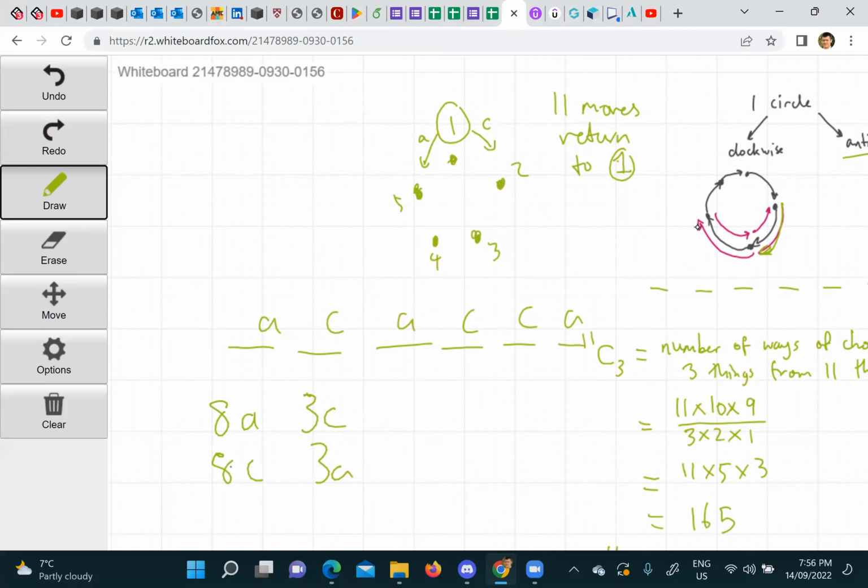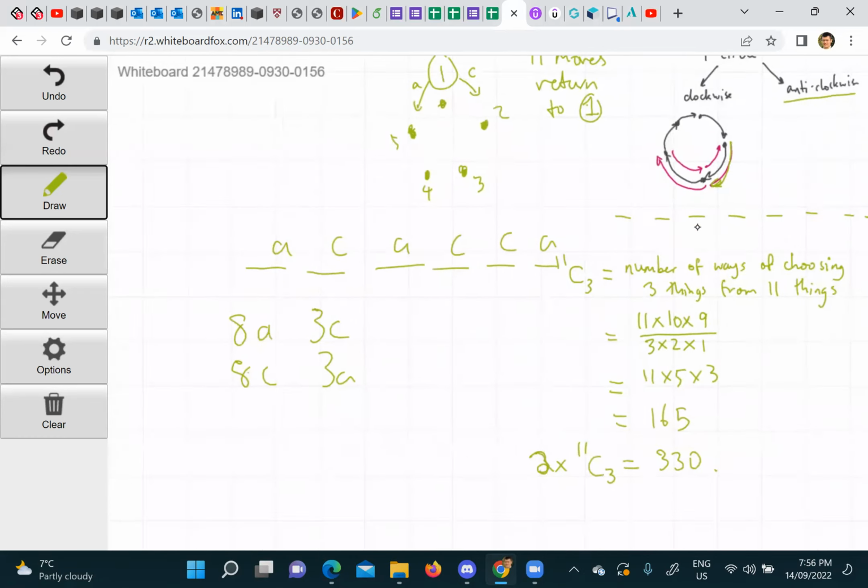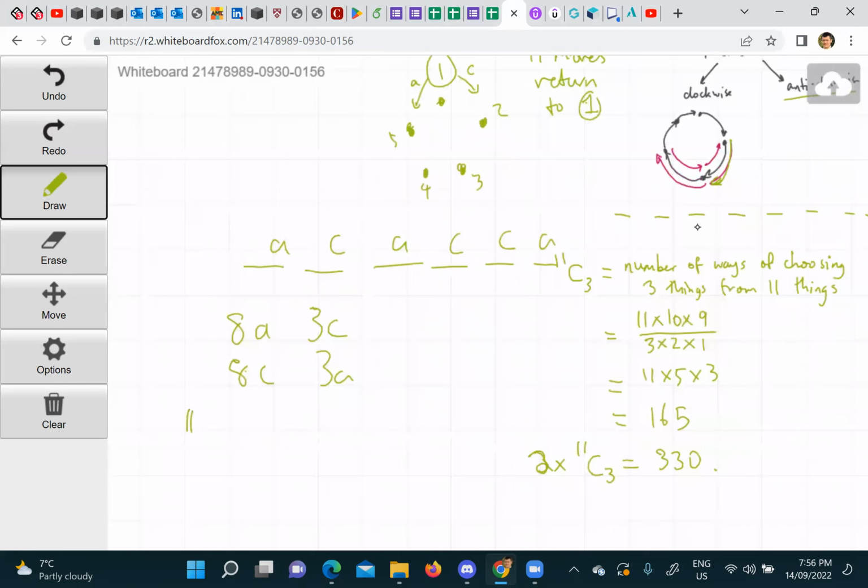And we just pick the positions that the C's occur. So you get 11 choose 3, that's the ways of picking the 3 C's, right? And then you times it by 2 to pick the ways.